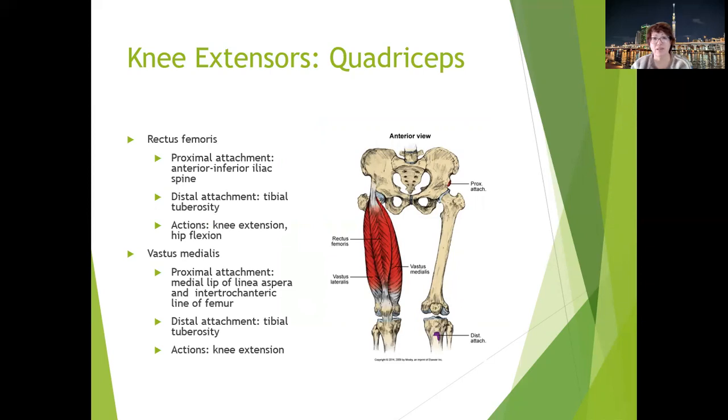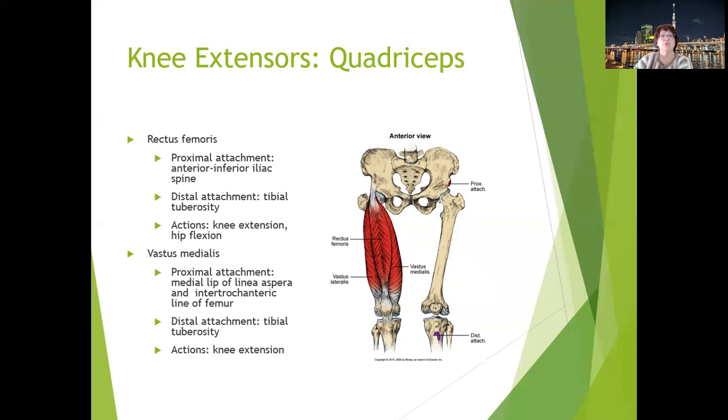So our quadriceps are our main knee extensors. The term quadriceps is used to describe the group of 4 knee extensor muscles. So they include the rectus femoris, which we know is also a hip flexor, and then the vastus lateralis, vastus medialis, and vastus intermedius, which are only knee extensors. That's all they do.